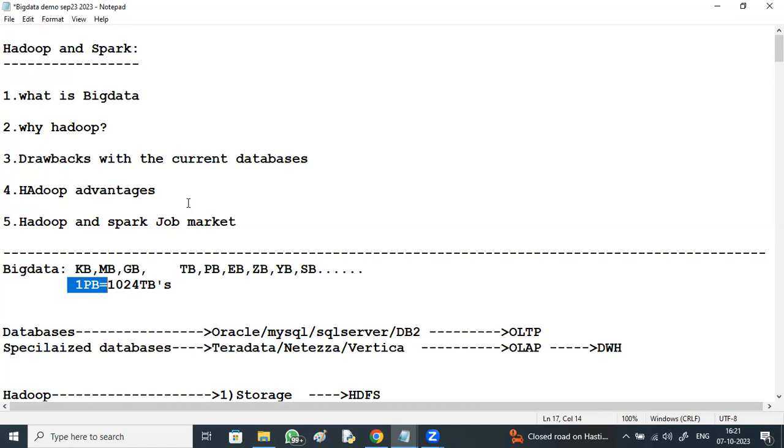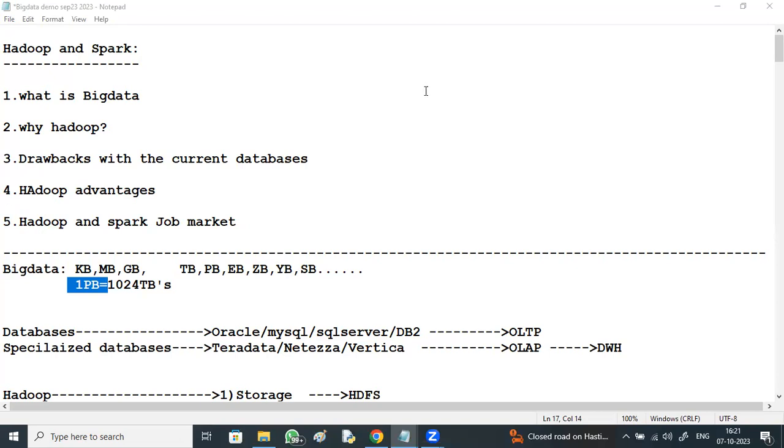But the biggest challenge is to handle data in unstructured or semi-structured format. Current databases can handle only structured data. They cannot handle unstructured or semi-structured data.